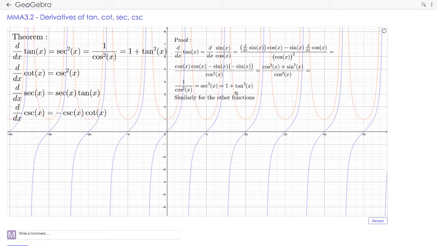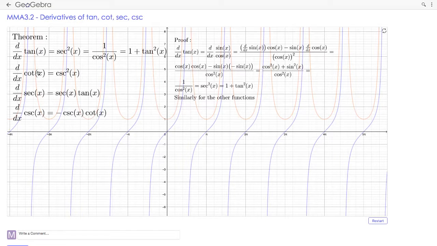If we divide something by itself, it's 1. And the other part is sine squared over cosine squared. But sine over cosine is tangent, so sine squared over cosine squared is tangent squared. So that gives us this. So in other words, we can, for good reasons, write the derivative of tangent x in 3 different ways.